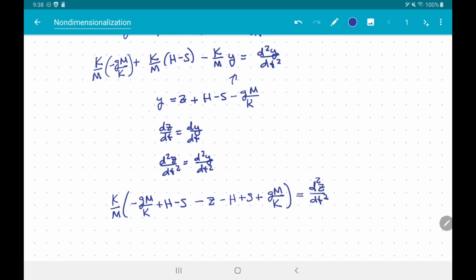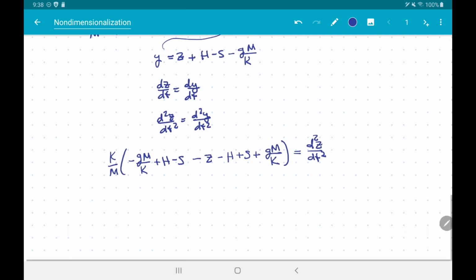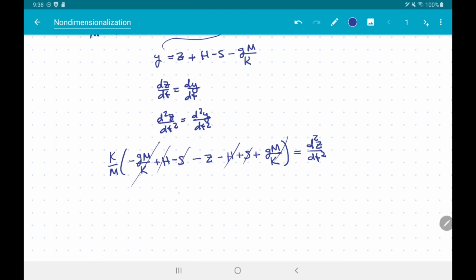I wanted instead y to be equal to z plus that stuff, because when I substitute in for y here, you can see that all of this stuff matches all of that, and it's all going to cancel out. So the end result of this is going to be minus k over m z equals d squared z over dt squared.